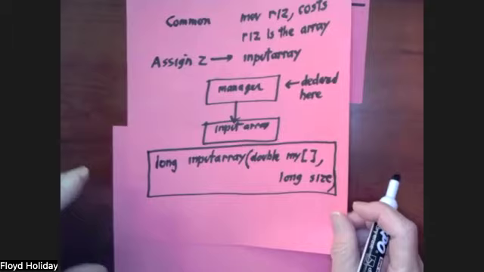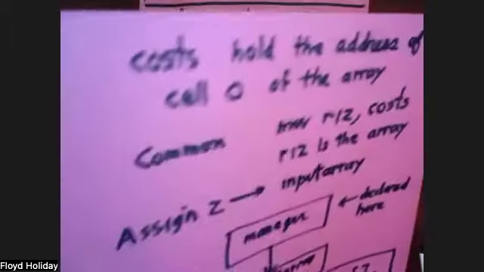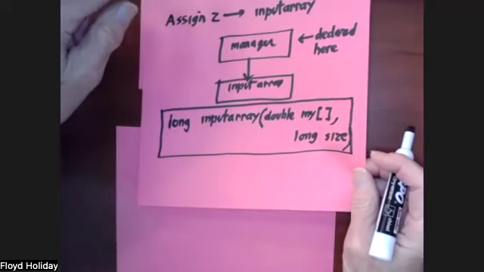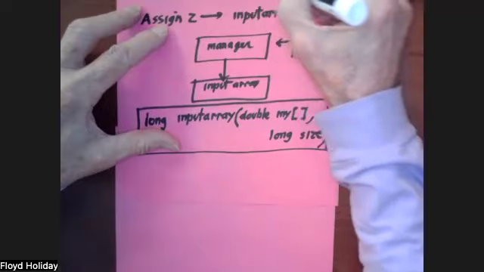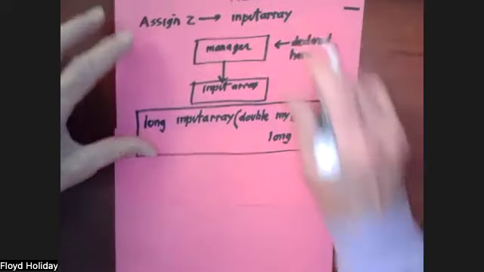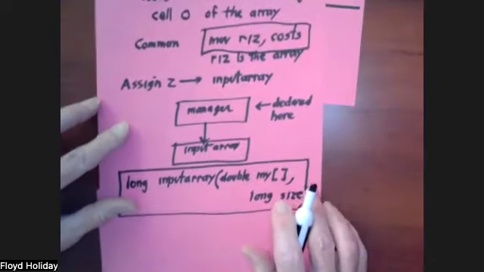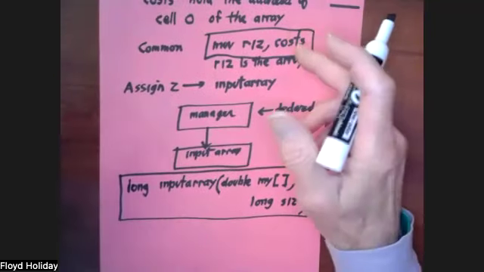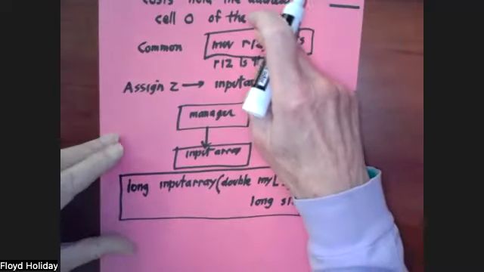We haven't given a name yet. Here it is. Can you see that? Right there. Then the name, it has 2 names now: cost, which we tend to disregard, and R12.